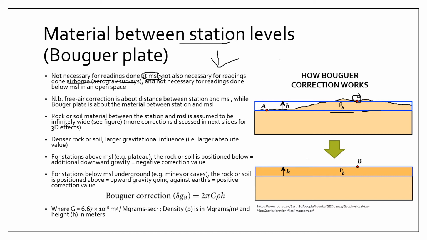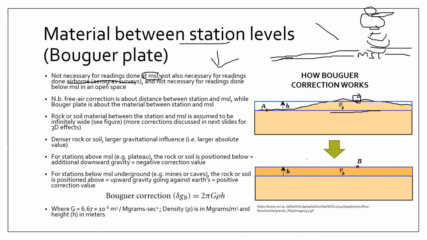I'll just explain that briefly. Let's say this is your mean sea level, and that is also your ground elevation. So if you did a helicopter survey with a gravity meter, basically there is no material between the mean sea level and your survey station, so you don't need a Bouguer plate correction.